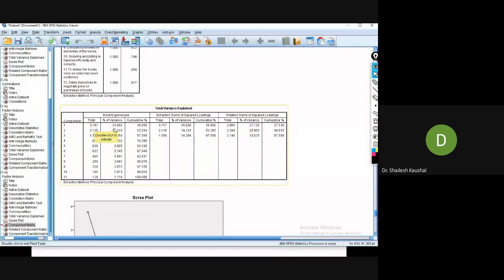And now the question is, how did the value 34.06 come? Take the eigenvalue 3.747 and divide it by the number of variables. How many variables here? A total of 11. Divided by 11 and multiplied by 100.